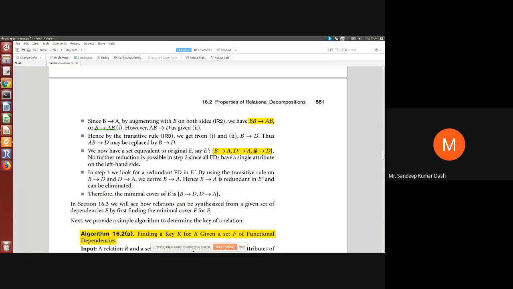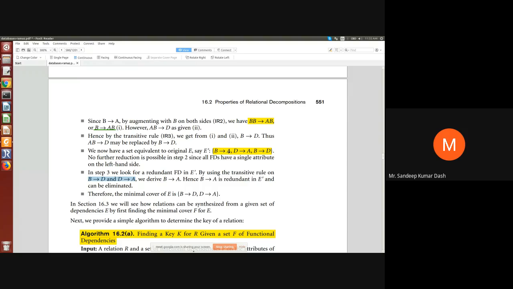The third one says B deriving D, then D deriving A. So by transitivity, B derives A. Getting it or not? See here, B deriving D, D deriving A. So applying the transitive rule, you get B deriving A.